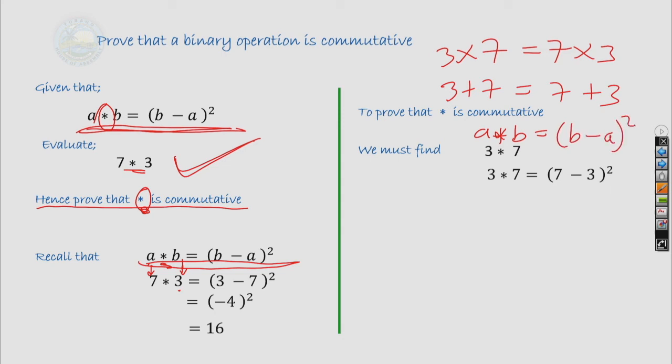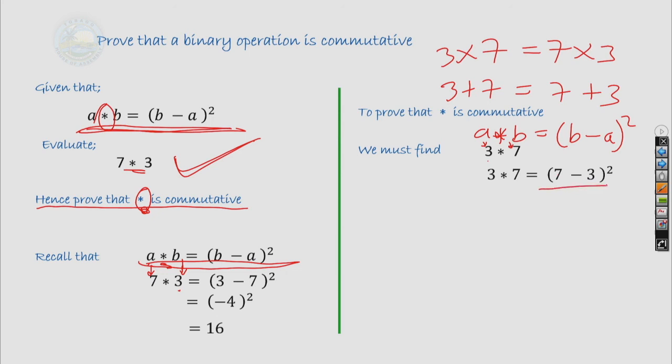Here, in 3 star 7, A is 3 and B is 7. So we come across to the right hand side and replace A by 3 and B by 7. So it becomes 7 minus 3 all squared.